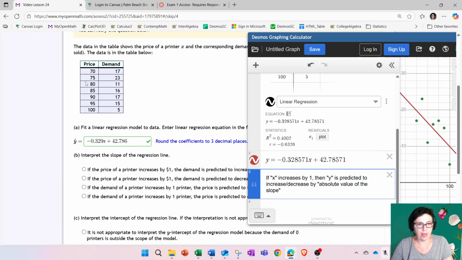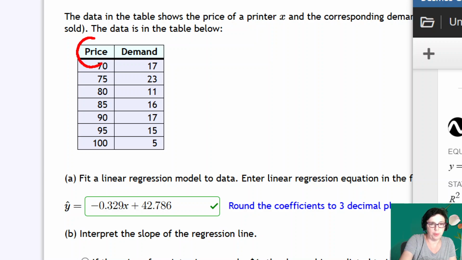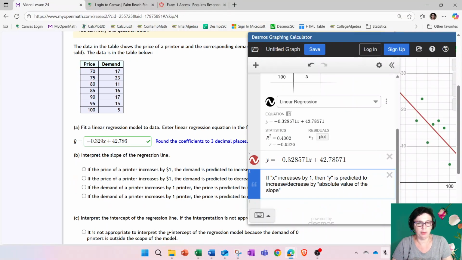So instead of x, you are going to put the label of the x variable, right? And instead of y, you're going to put the label of the y variable, which is the demand. So instead of x, you're going to say if the price increases by 1, I'm assuming dollar, then y, which is the demand, that's how many items you can sell, is predicted to, now here I'm going to say decrease.